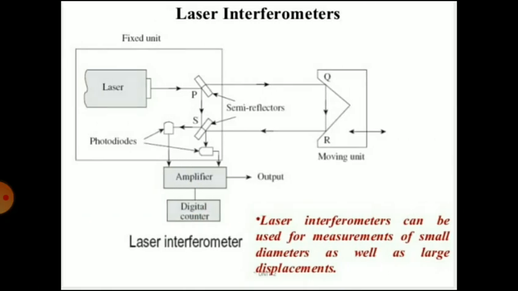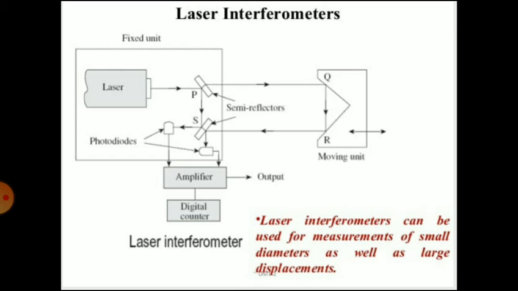Then laser interferometer. The laser interferometer consists of a fixed unit called the laser head, consisting of a laser, a pair of semi-reflectors and two photodiodes. In the diagram there is a laser, then the photodiodes, and semi-reflectors, which make up one fixed unit.